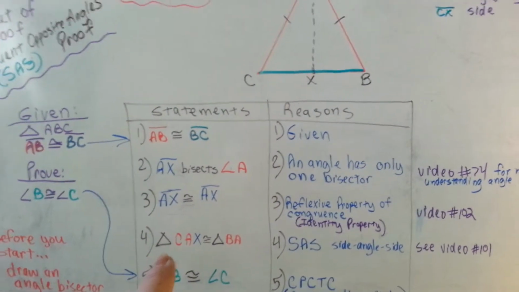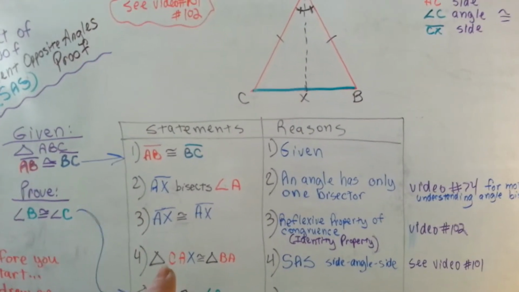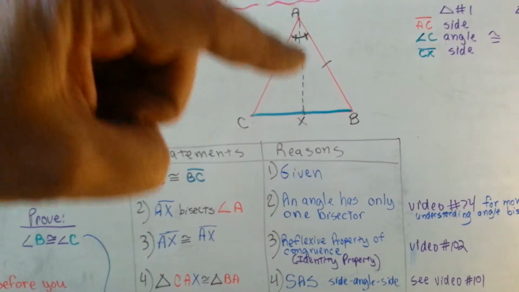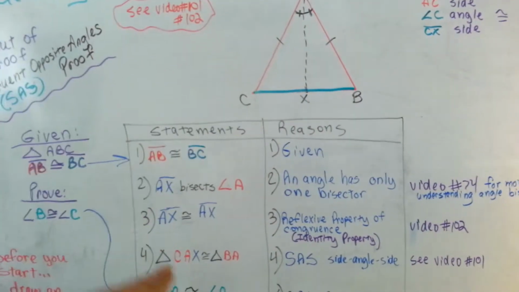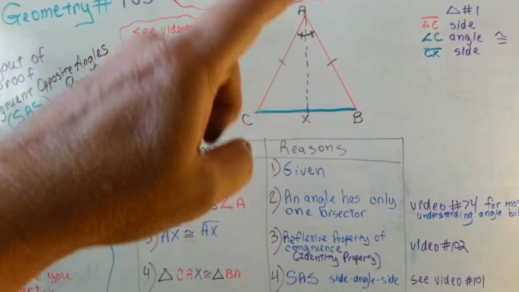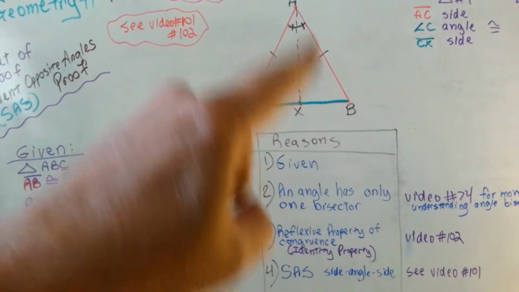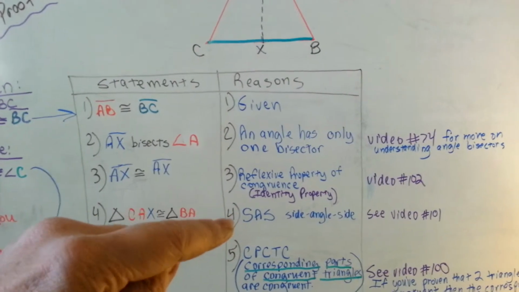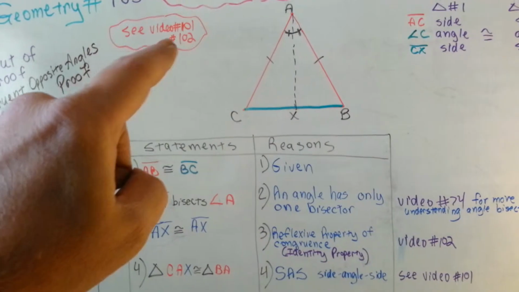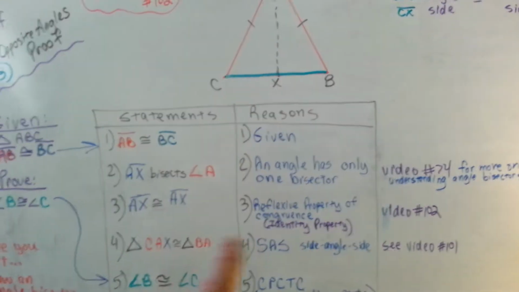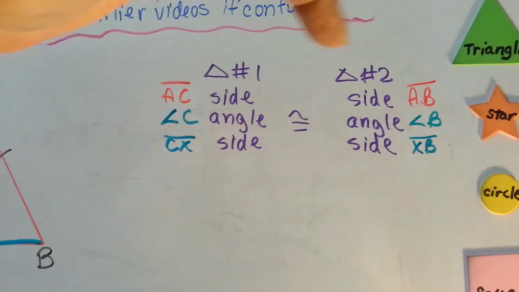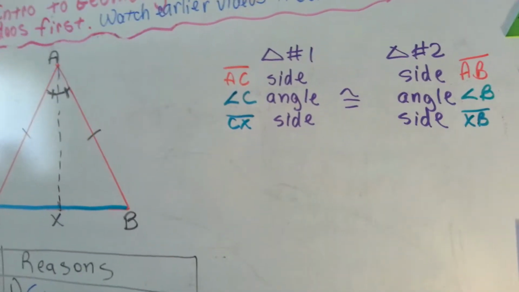Now, in number 4, we put that triangle CAX, this triangle on the left, is congruent to this triangle, BAX. Our reasoning is side angle side. If you're still confused, that's why I said you need to see 101 and 102, but this is what it means. You've got triangle 1 and triangle 2.